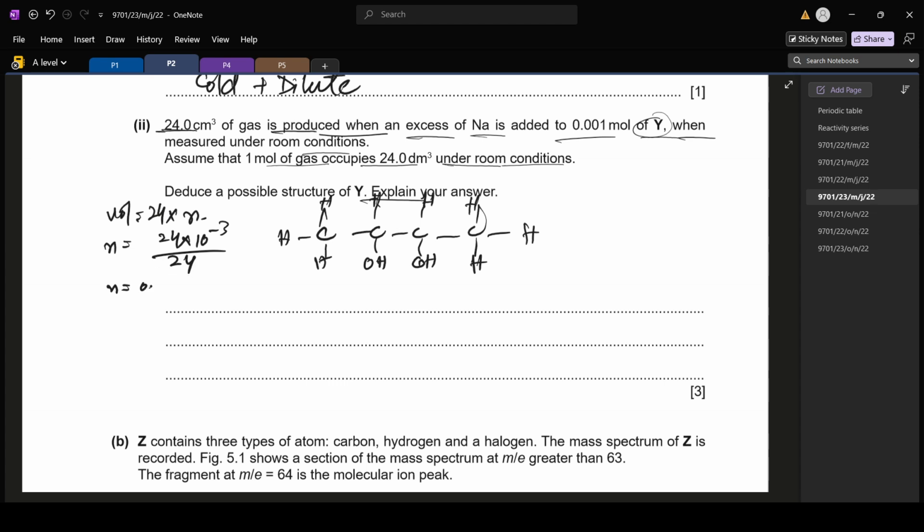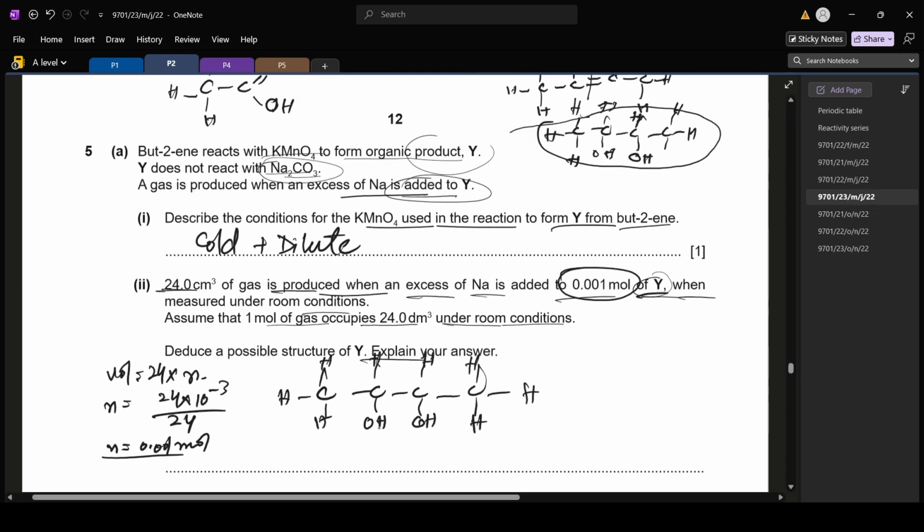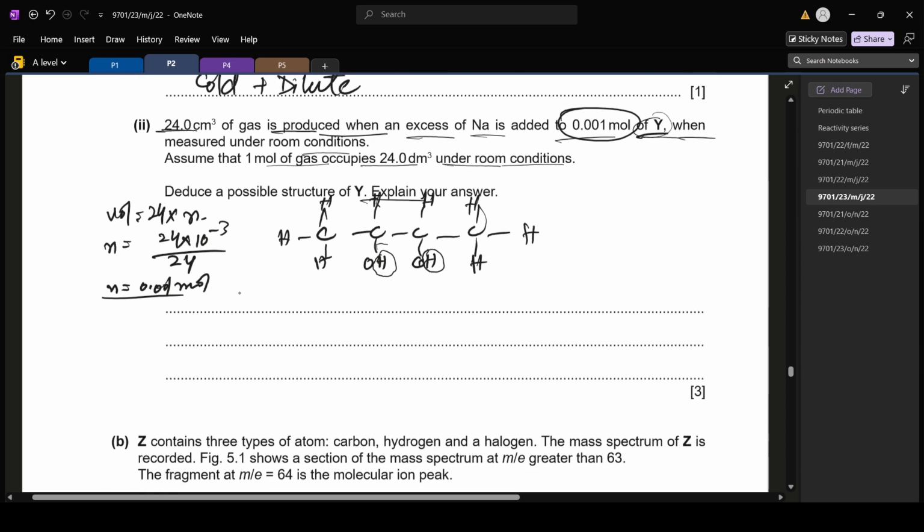So you have 0.001 moles, and this is also the moles of Y. So there are the same number of moles of Y and gas, and the gas produced is hydrogen, by the way. The sodium will replace the H from the OH group, and both hydrogens from the OH groups will be substituted by sodium.